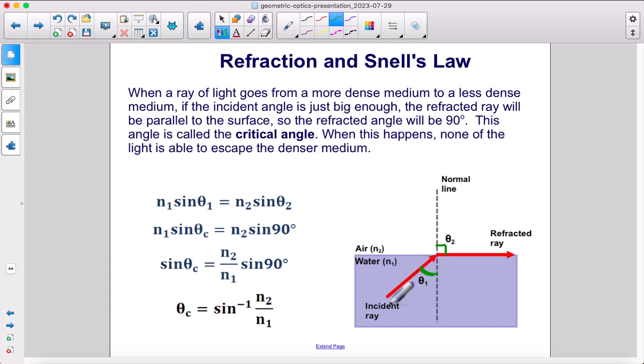When the incident light ray is at this critical angle, that means that none of the light is able to escape the denser medium. So remember, if the incident angle was smaller, this ray would bend away from the normal. So as this incident ray goes this way, this refracted line goes that way. Eventually, it just goes straight across this way, and none of the light is going to go into the air.